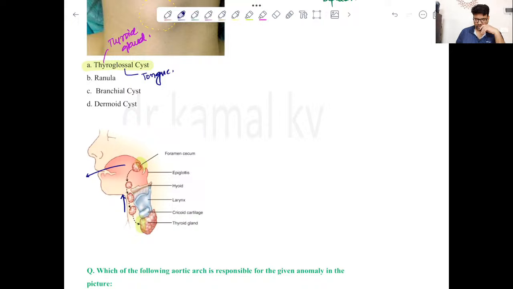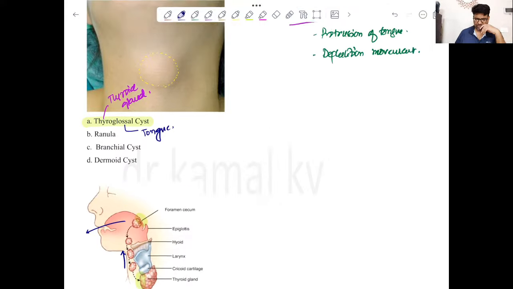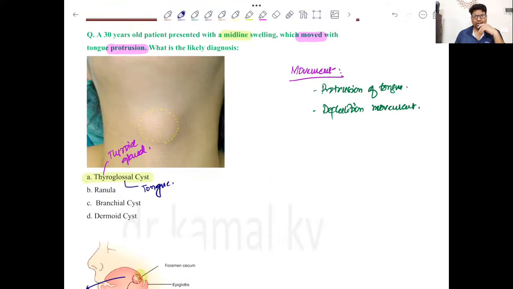So this is one thing. Similarly, if you tell the patient to do a swallowing movement, again it is going to move. So it shows that there is some connection of this particular cyst with the tongue, right? So this is thyroglossal cyst, and usually it is in the midline below the hyoid bone, right?